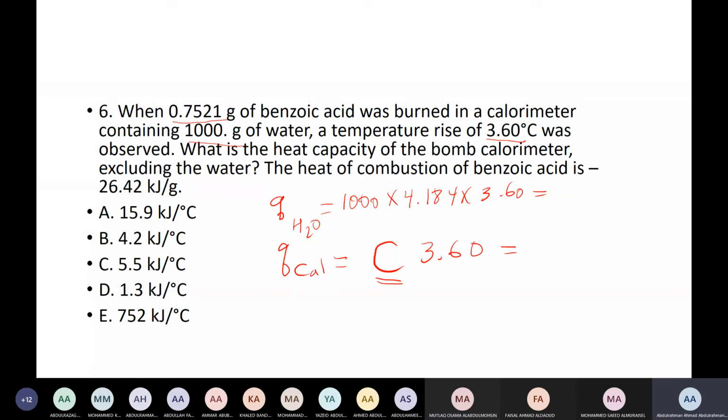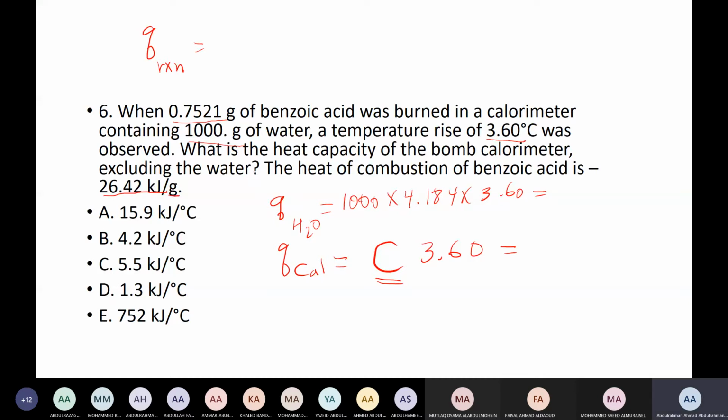Now what's the reaction? What's the Q of the reaction? When 0.7521 gram of benzoic acid was burned, the heat of combustion of benzoic acid is 26.42 kilojoule per gram.